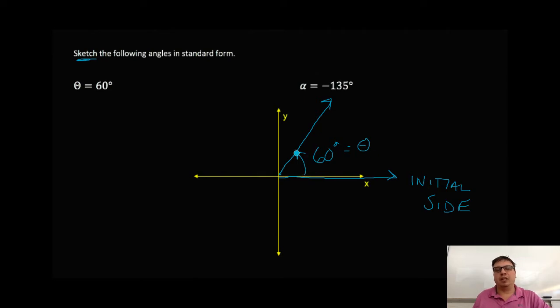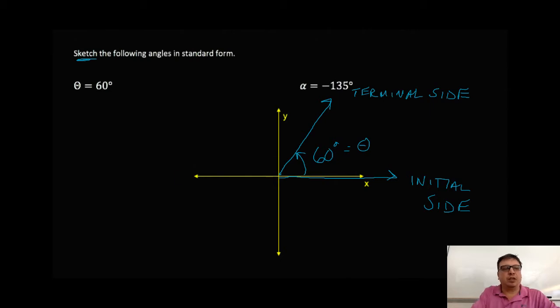So we've just drawn in standard form where our initial side is a ray with the point at the vertex, our point at the origin, and then our terminal side here. Our terminal side is this side right here, and again another ray with its endpoint on the origin.